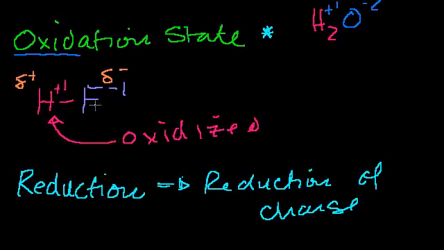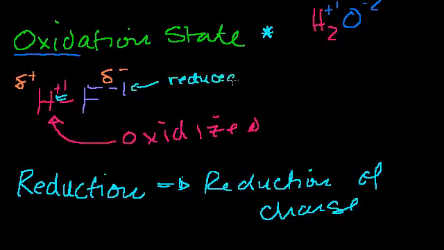So in this hydrogen fluoride molecule, hydrogen has been oxidized. It's been oxidized because electrons have been taken away from it. That's what oxygen would have done to it. And so it has now a positive charge. And its oxidation number is +1, because exactly 1 electron would have been taken away from it in a hypothetical ionic bond. Now, fluorine has been reduced.